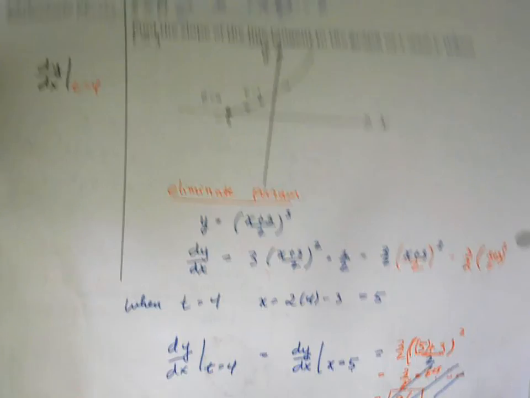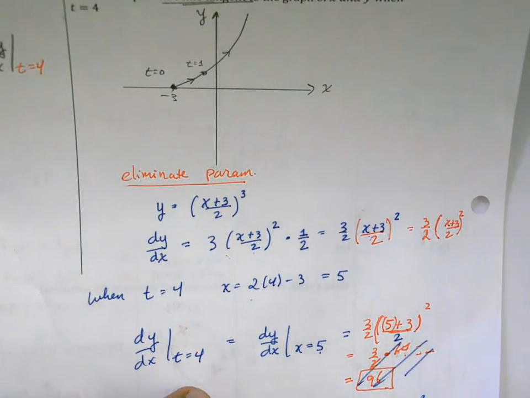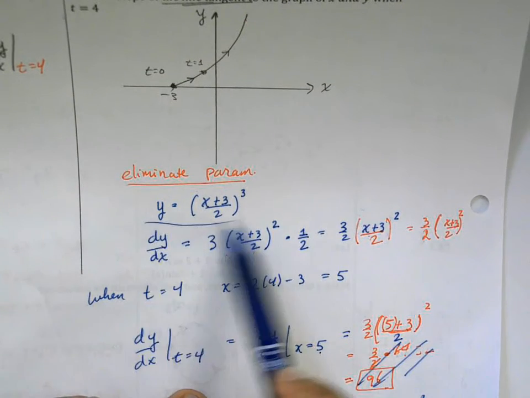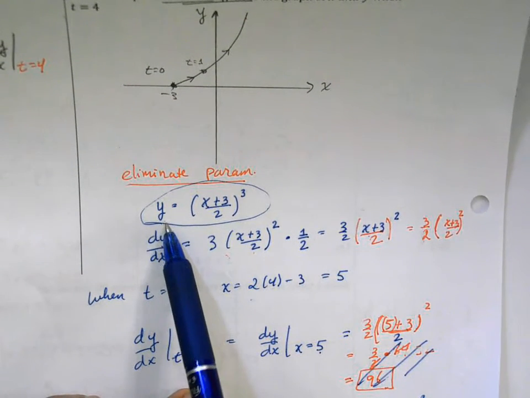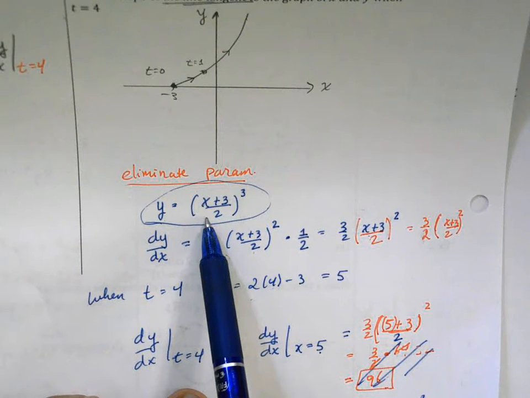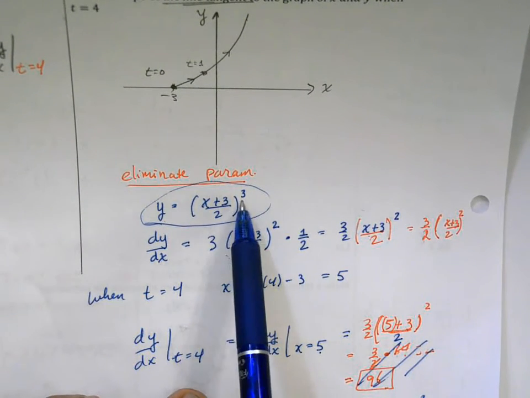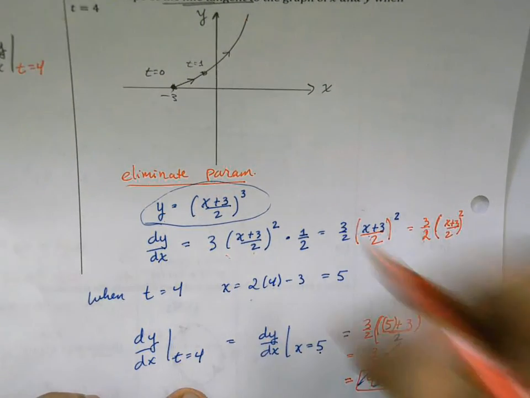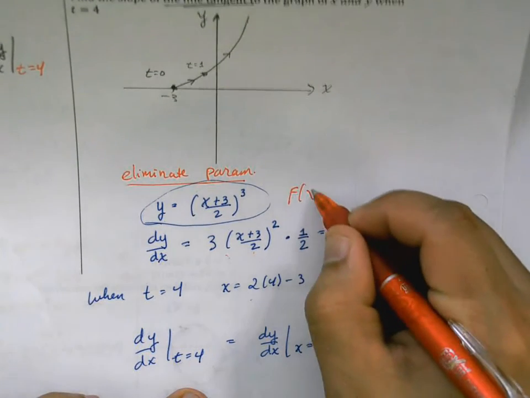So maybe I can show you here in the previous video, after I eliminate the parameter, I end up with this result. Okay, so this is y in terms of x. x plus 3 over 2 quantity cubed. This would be like big F of x.